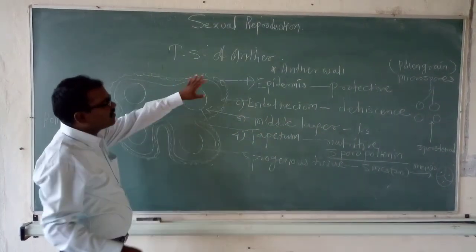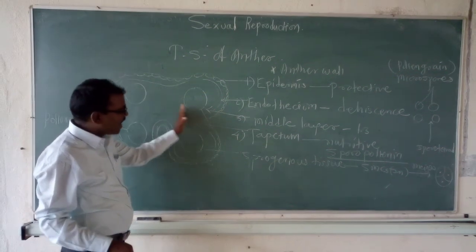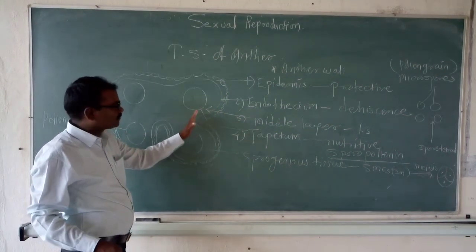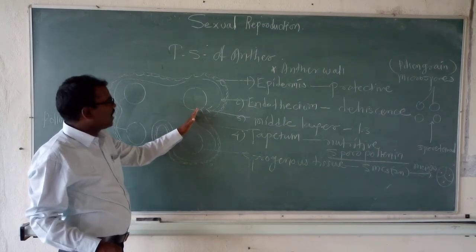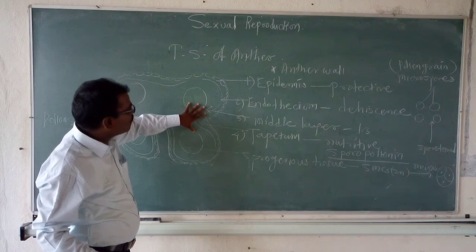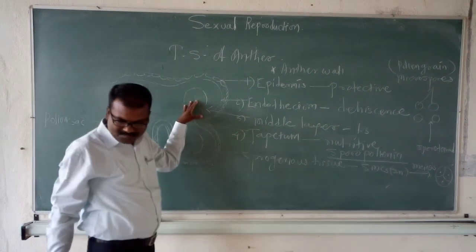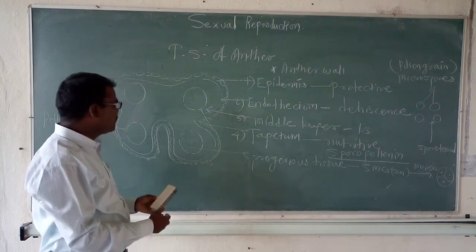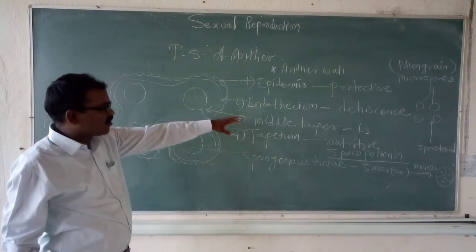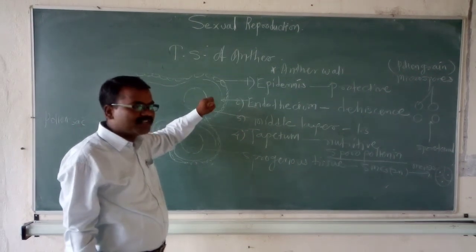When the anther or stamen matures, there is dehiscence of the anther and release of pollen grains. How does dehiscence happen? It is the function of the endothecium. The endothecium is hygroscopic in nature.